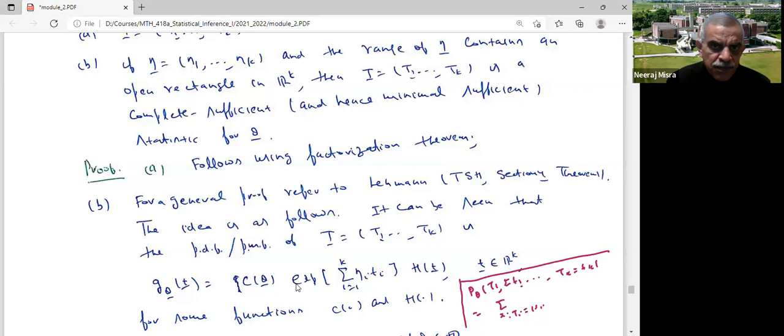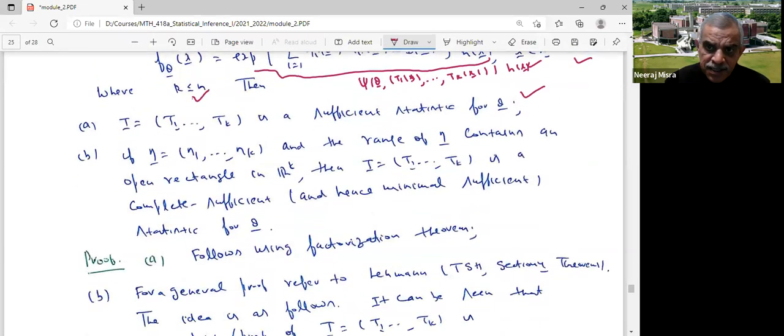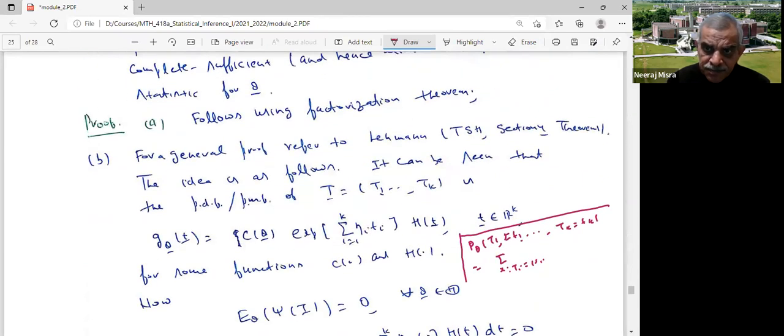And the joint PMF of x1, x2, ..., xn is exponential of summation i equals 1 to k, eta i of theta, Ti of x minus b of theta, into h of x. But in all this sum, the value of Ti of x is ti, which is fixed: T1 is t1, T2 is t2, Tk is tk. So that comes outside.